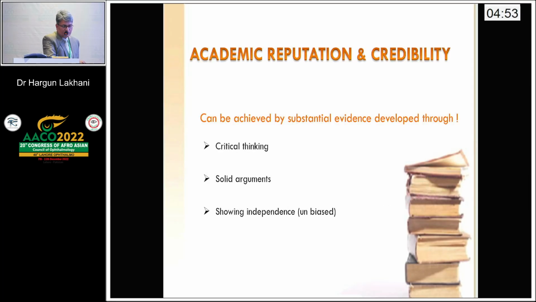Reputation and credibility can be achieved by substantial evidence developed through critical thinking. It is not casual writing. It comes after critical thinking, with solid argument and showing unbiasedness in your research. All these factors will contribute to your reputation.